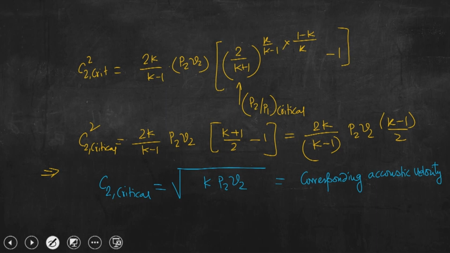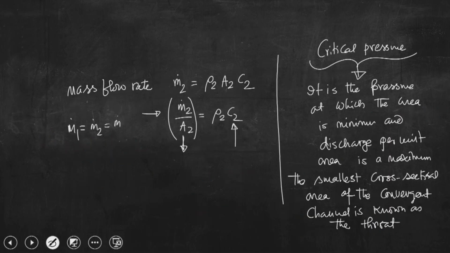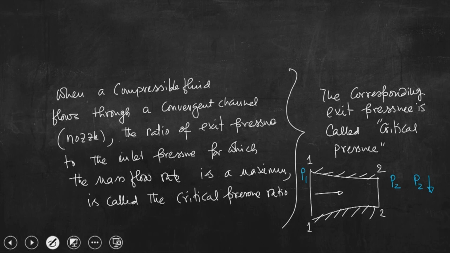So, now if we go back to the particular expression we had mentioned: when the pressure ratio has reached the critical pressure ratio, flow rate per unit area is maximum and the corresponding exit pressure is the critical pressure, we have agreed upon.